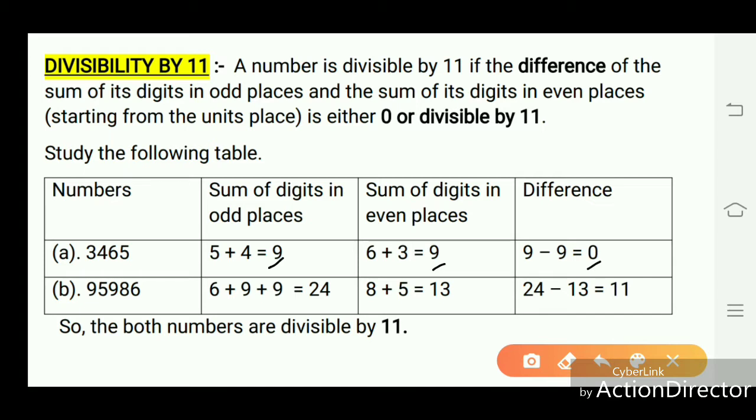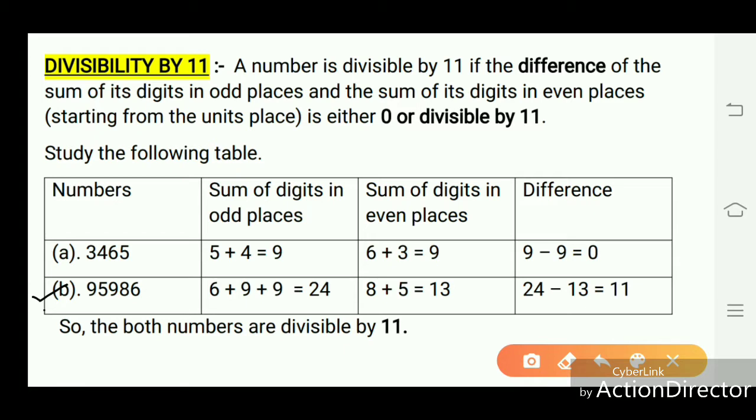So the number 3465 is divisible by 11, because the rule of divisibility by 11 says that if the difference is 0 or divisible by 11, the whole number is divisible by 11. Example number B, 95,986.